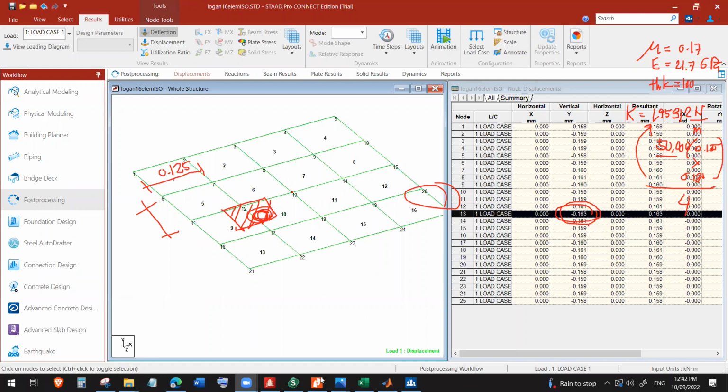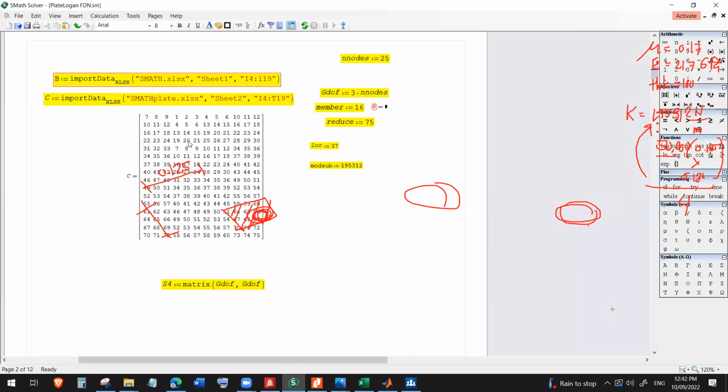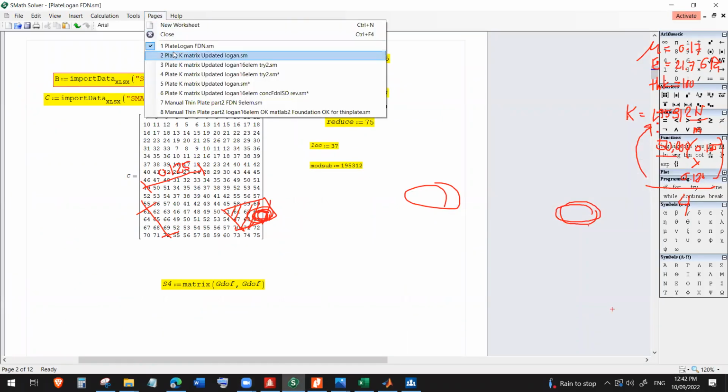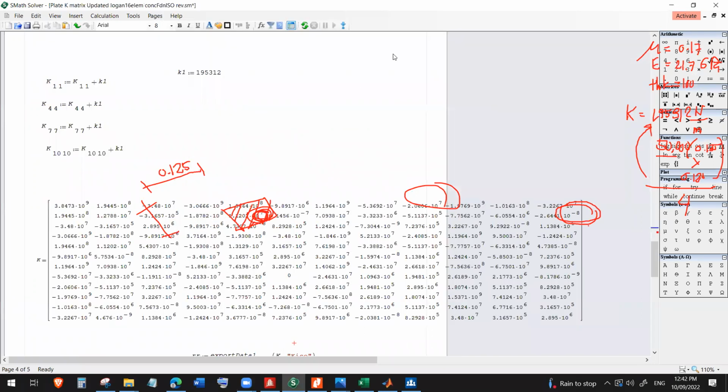So let's go back to our SMATH. Let's check first our stiffness matrix.